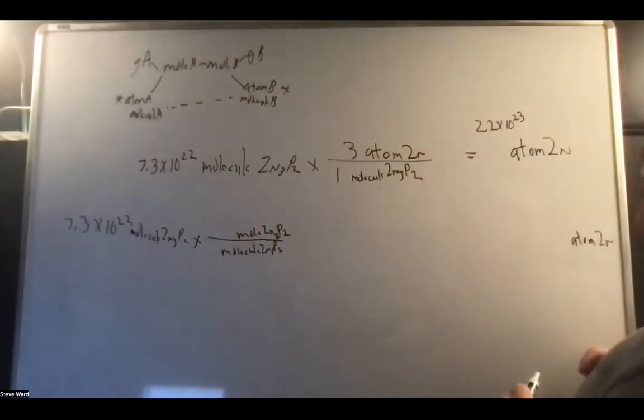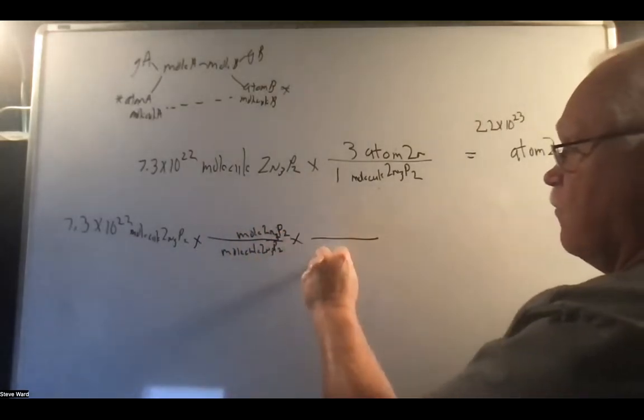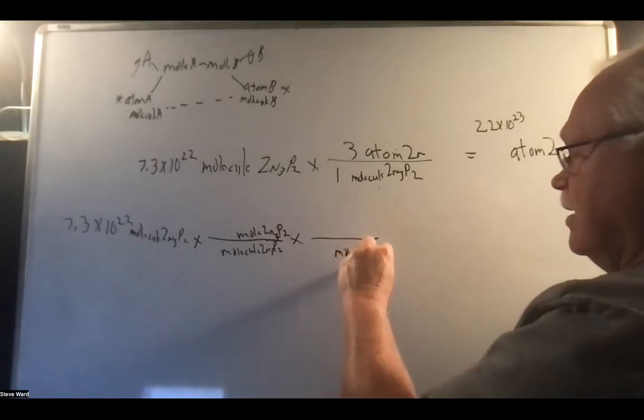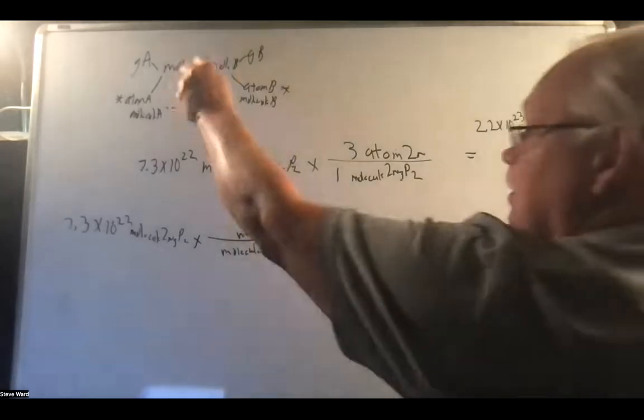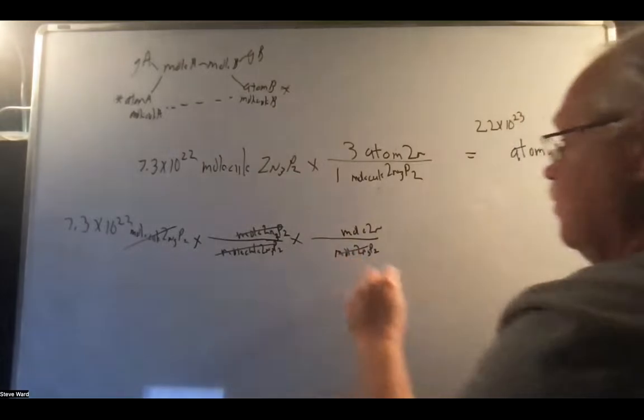Where do I get those numbers? We'll get them in a minute. Then I can go from moles of zinc phosphide to moles of zinc. Again, notice I'm canceling my units as I go.